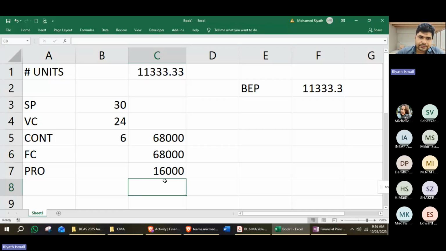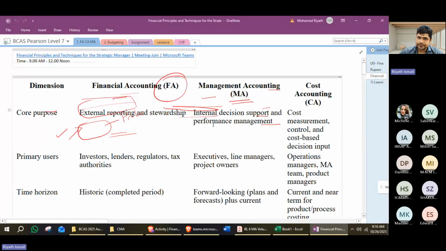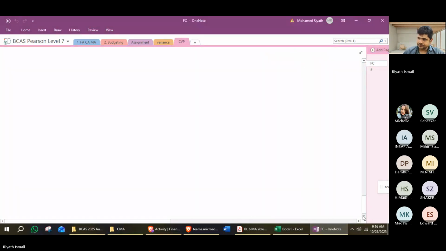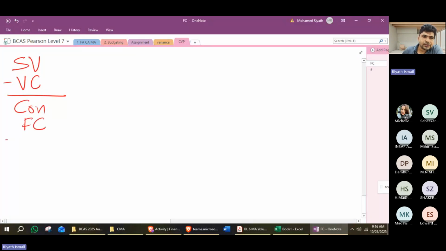So normally, as we already discussed, to achieve the 16 million, as again I explain to you, the basic fundamental formula. How do you calculate? Always bear in mind: sales value minus variable cost equals contribution, minus fixed cost equals profit, right?